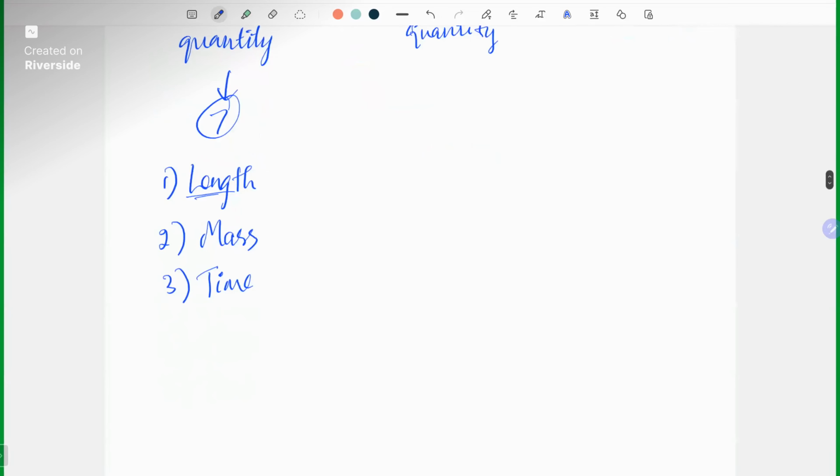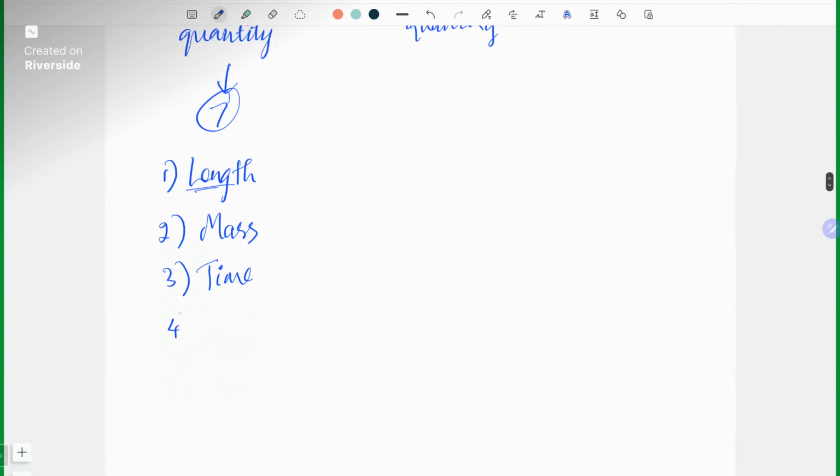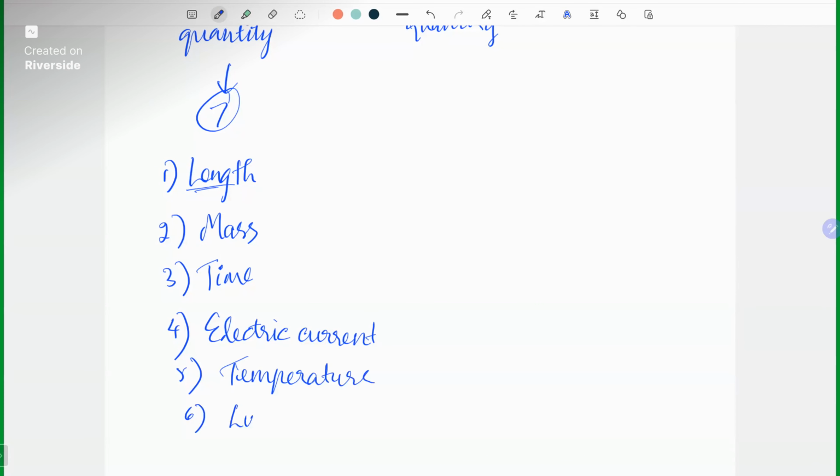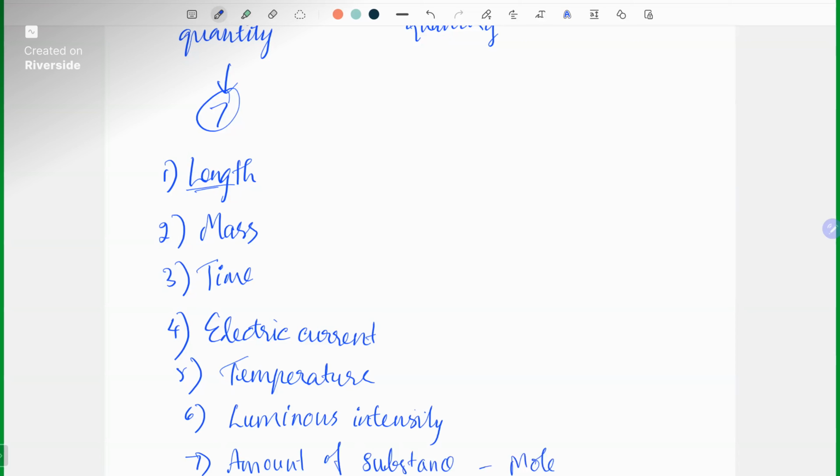The 7 fundamental physical quantities we're seeing: electric current, temperature, luminous intensity, that is intensity of light, and amount of substance. In chemistry, for amount of small substances in large quantity, we measure it in mole.